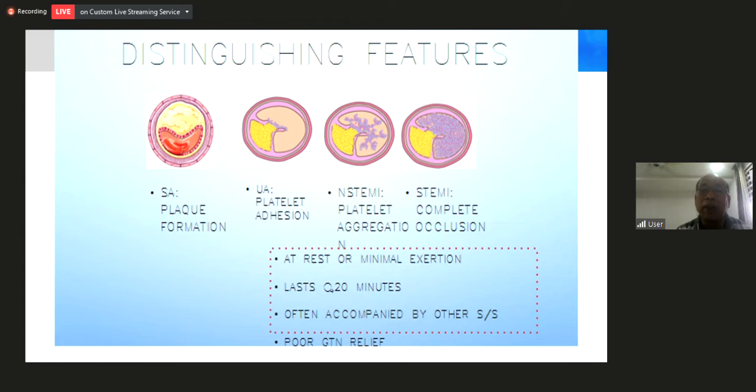In the case of STEMI, because the clotting mechanism is fast and the degree of blockage is huge, this will cause ischemia and some degree of necrosis to the myocardium, and eventually liberates the cardiac enzymes. In STEMI, it will be a complete occlusion. Okay, next slide.